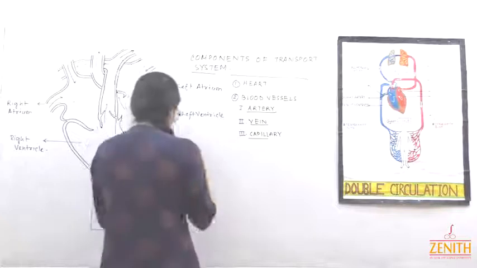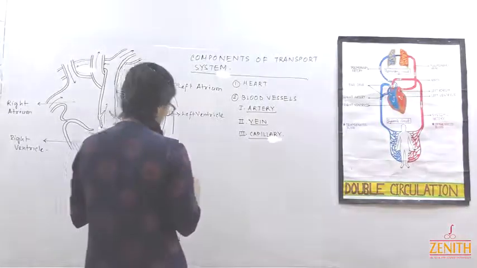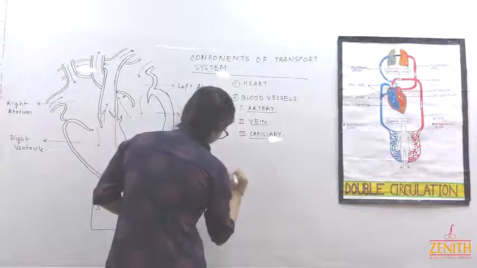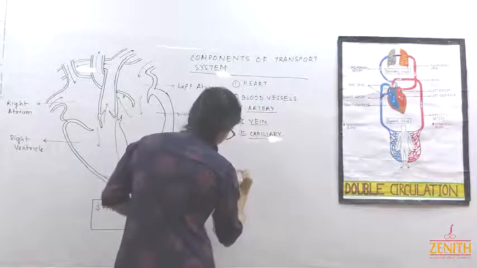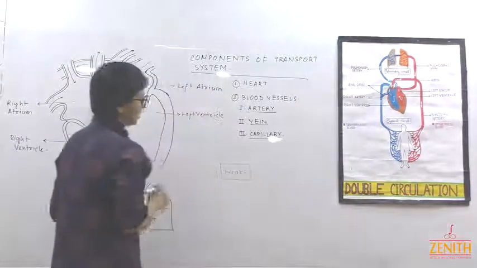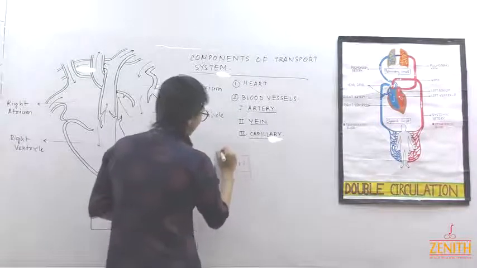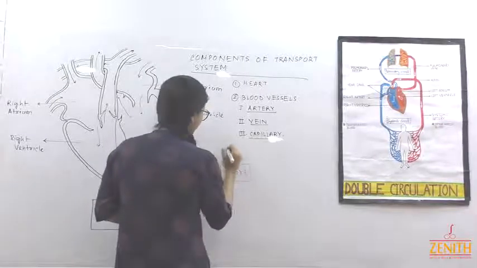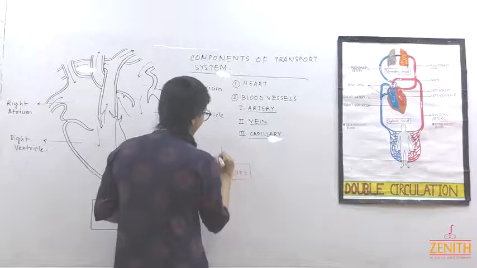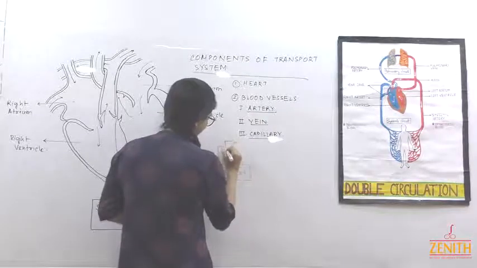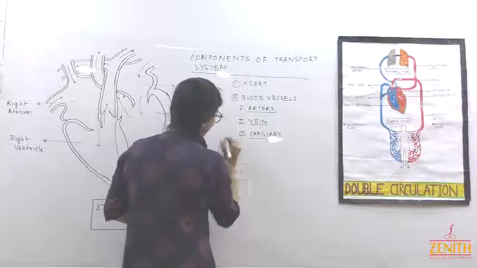So, we can draw it like this, suppose we have the heart here. Okay. So, there will be a blood vessel that is called the artery. What will the artery do? The artery will take the blood from the heart and supply it to the different organs.